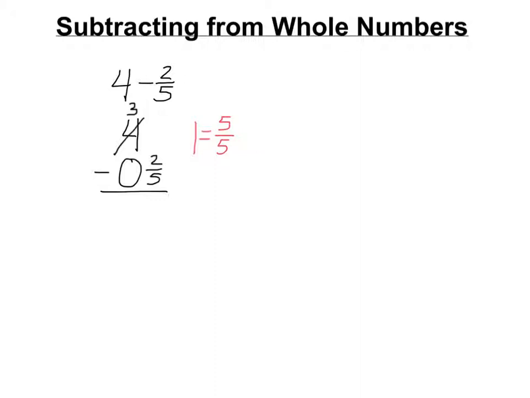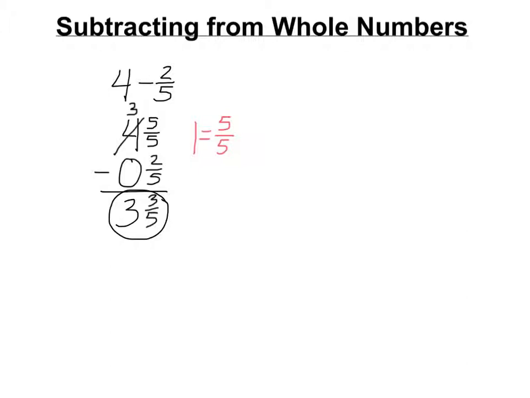So that 1 that I borrowed is going to be worth 5/5. And we subtract now. So 5/5 minus 2/5 gives me 3/5. And then 3 minus 0 is 3. And that's how we do it.